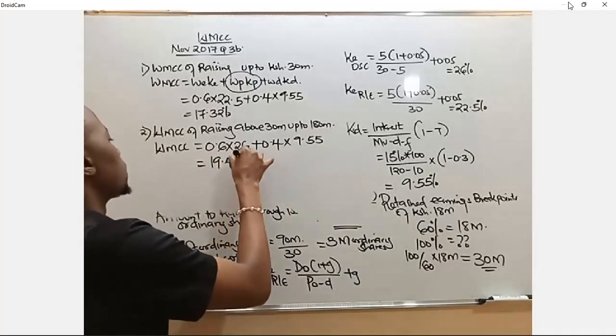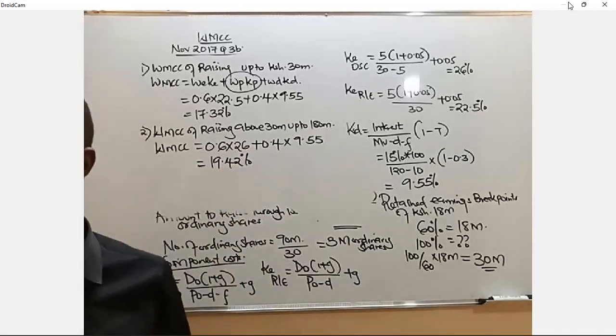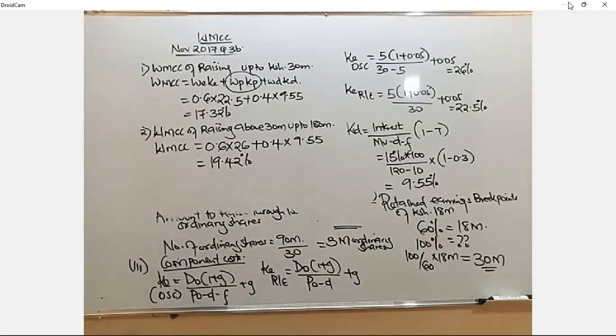We get 19.42%. That is how the computation is normally done for WMCC, unless we have any other question, unless we have not understood.